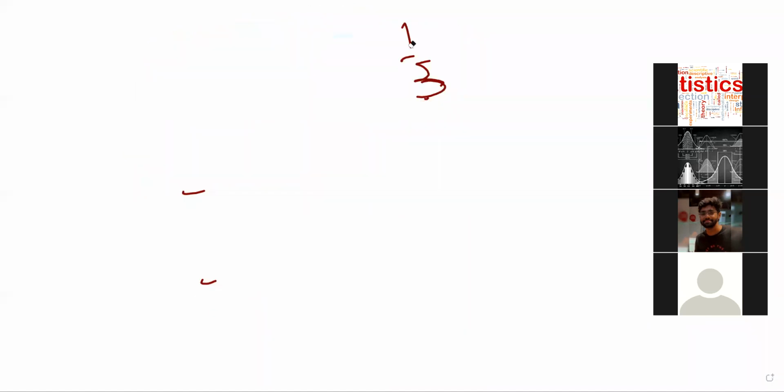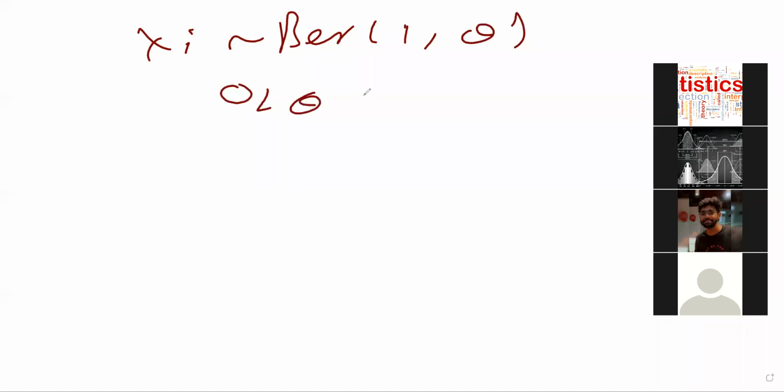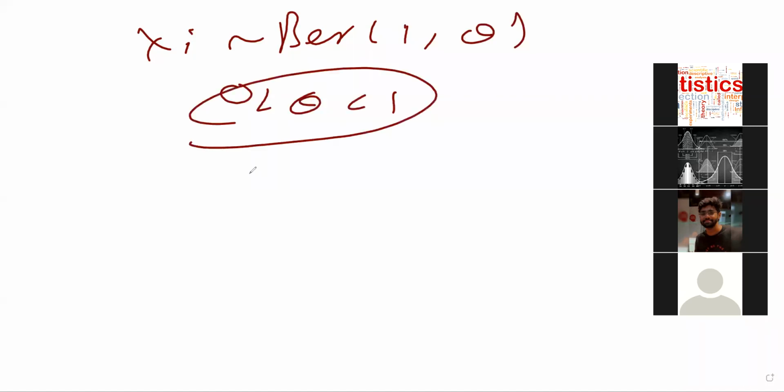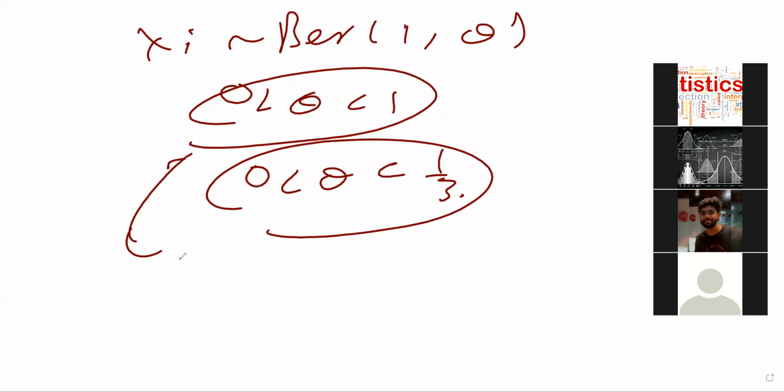See, before this, when I said that xi follows Bernoulli(1, theta), theta could lie between 0 and 1. Now I'm restricting theta to lie between 0 and 1 by 3. In the earlier case we got theta equal to x bar as the MLE.